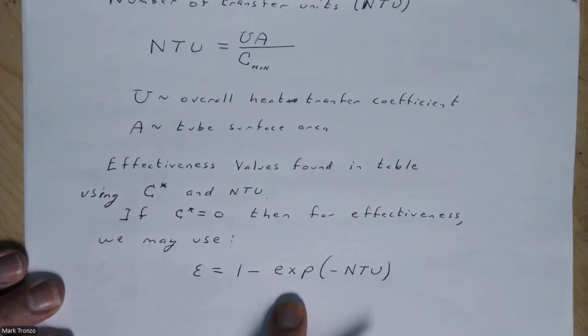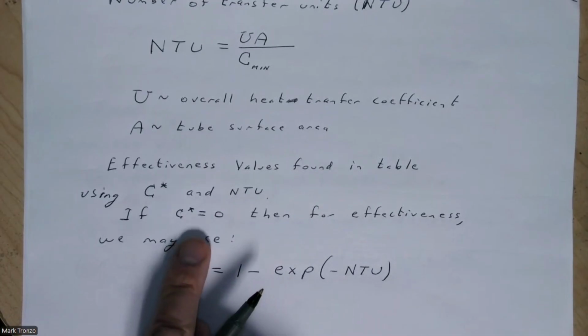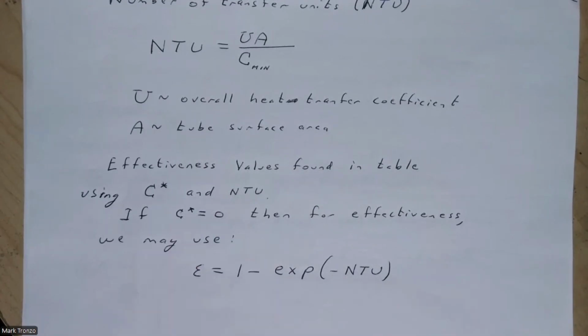This is the exponential e raised to the negative NTU. We can use that in this specific case of when C star is zero.